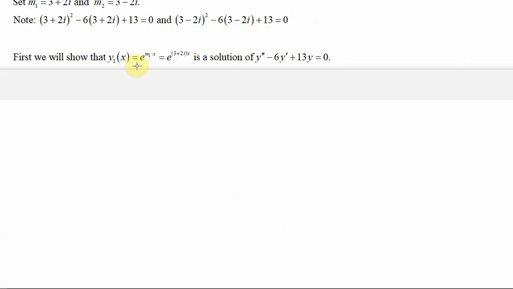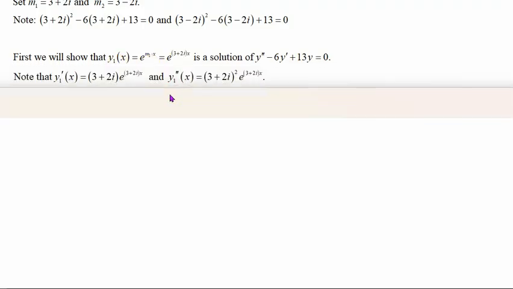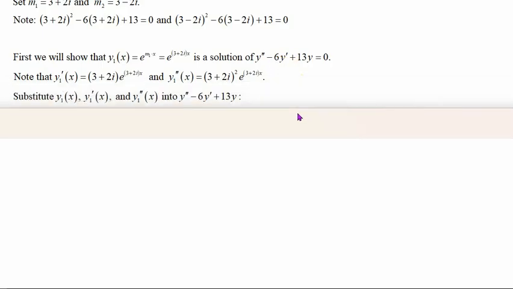Next, I will show that the function y sub 1 equal to e to the m1 x, or in this case e to the 3 plus 2i x, is a solution of the linear homogeneous differential equation here. Let's take the first derivative and the second derivative and plug them into the differential equation and verify that it's equal to 0.